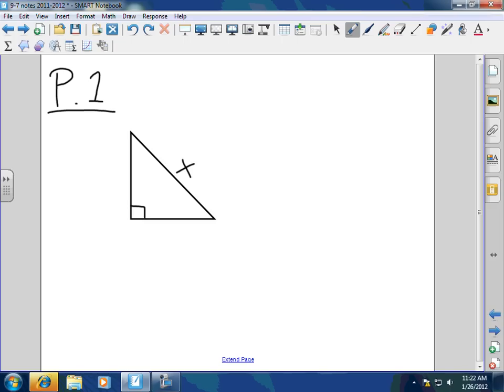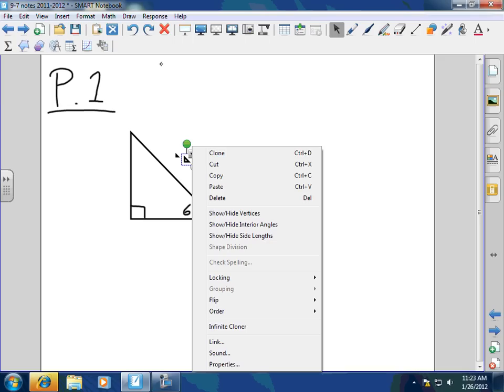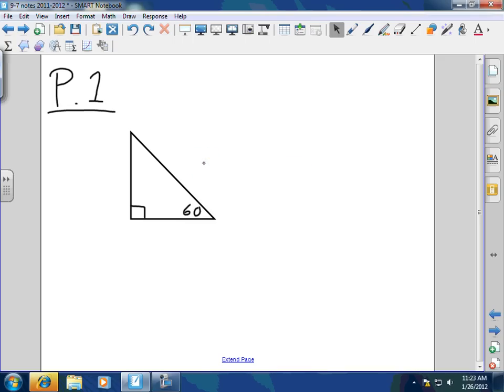Still going to be the same setup, though. This is 60, and I have A, B, C, and I tell you the hypotenuse is 10. How would I find AB, and how would I find BC?